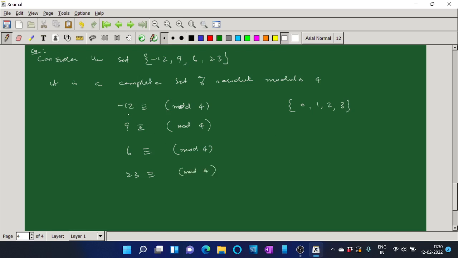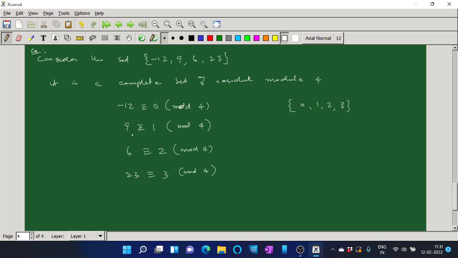We know minus 12 is congruent to 0 mod 4 because minus 12 minus 0 is divisible by 4. 9 is congruent to 1 modulo 4 because 9 minus 1 is 8, which is divisible by 4. 6 is congruent to 2 modulo 4 and 23 is congruent to 3 modulo 4.